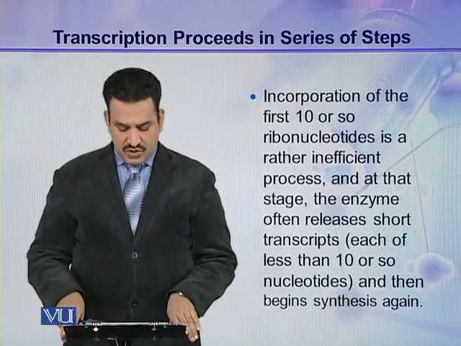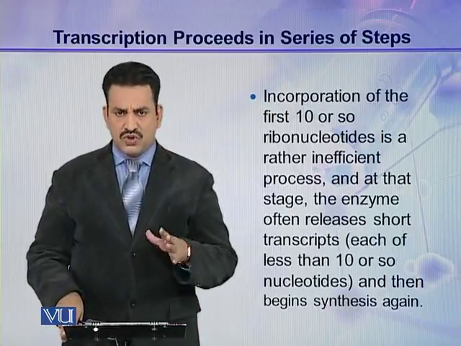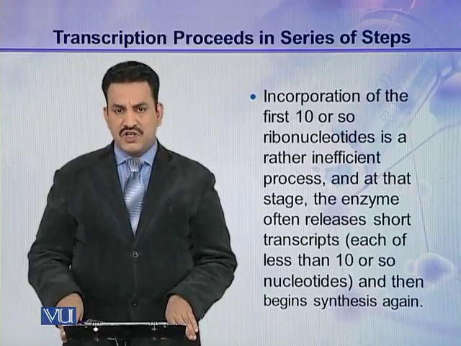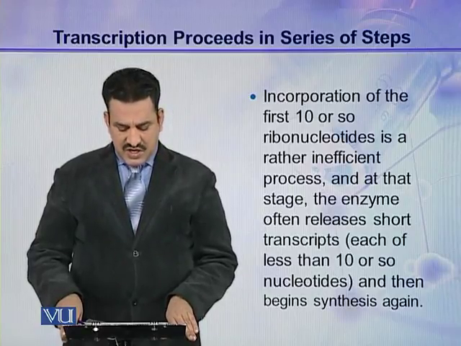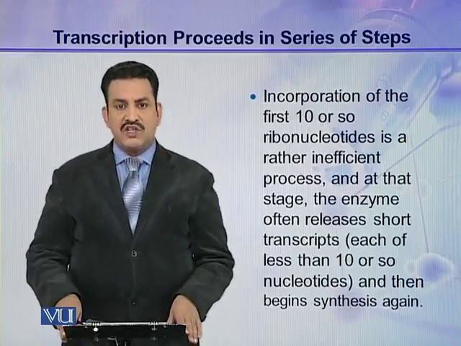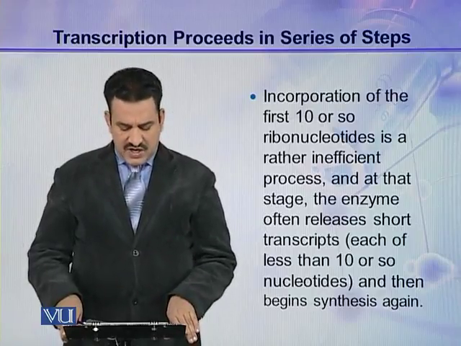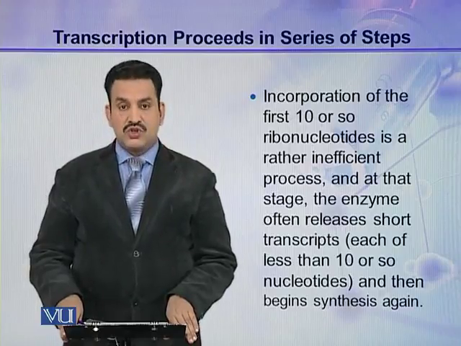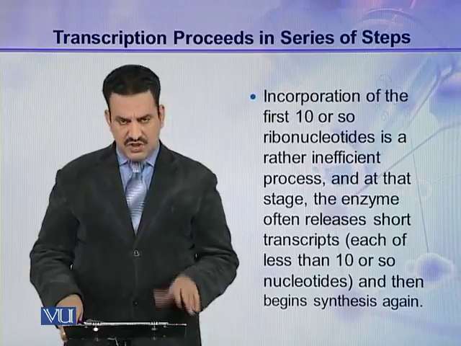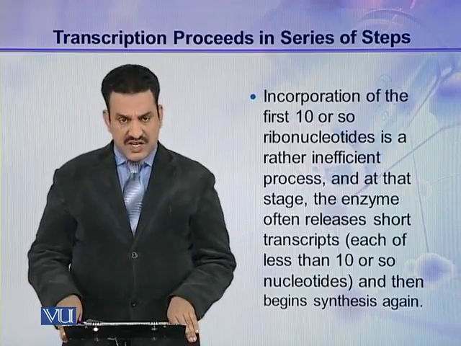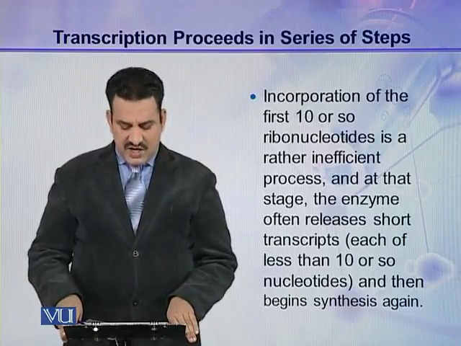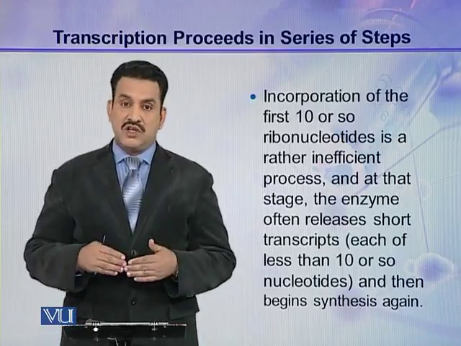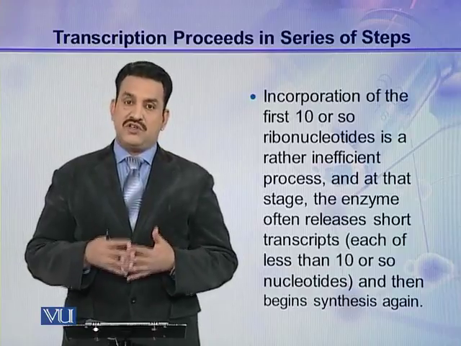So incorporation of the first 10 or so ribonucleotides is a rather inefficient process, and this is actually called initial transcription. At that stage, the enzyme often releases short transcripts, each of less than 10 or so nucleotides, and then begins synthesis again, and this synthesis is actual transcription.